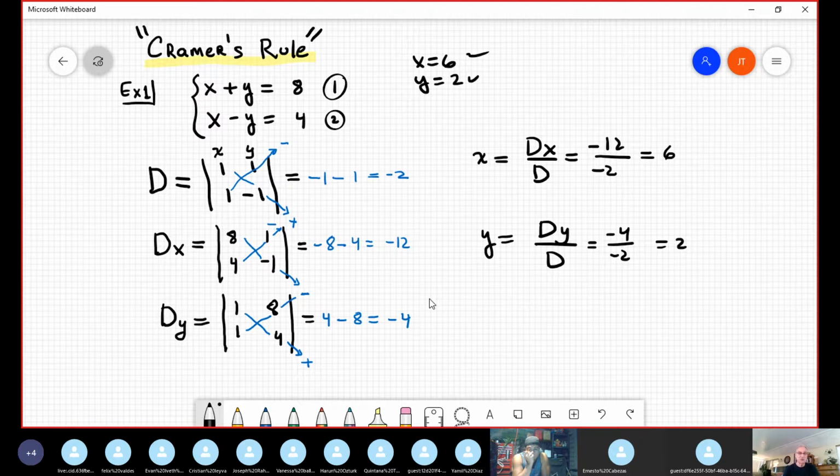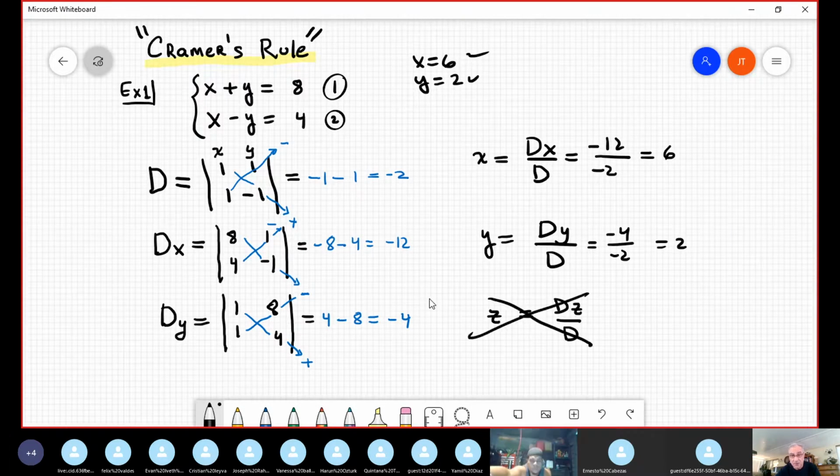So you need to determine three, Dx, Dy, and Dz. And well, finally, it's easy. Dx divided by D is x. y is Dy divided by D. And for the problem in 3 dimensions, z is equal to Dz divided by D. This problem does not apply that idea because we have only x and y. Do you understand the idea of the Cramer rule?